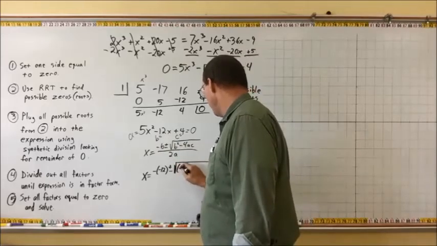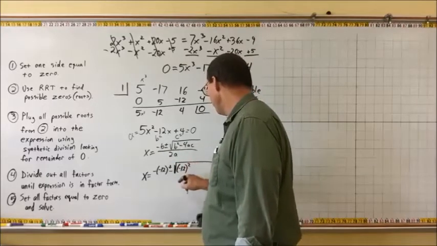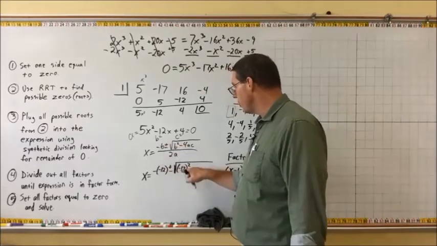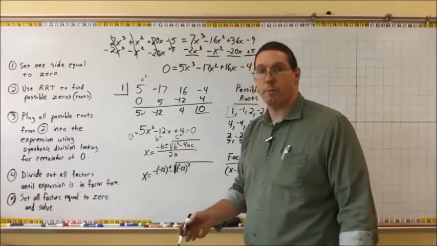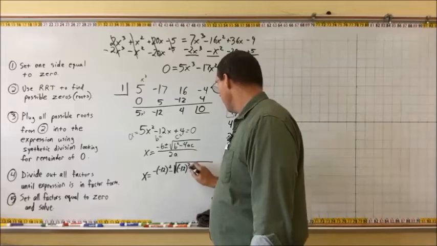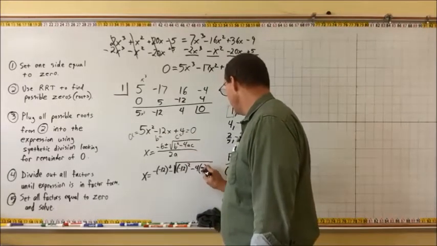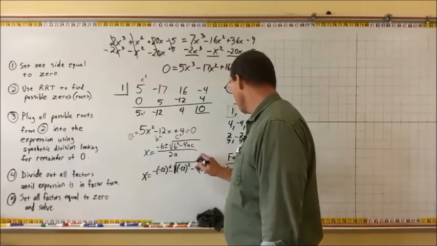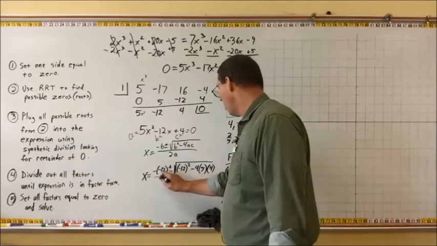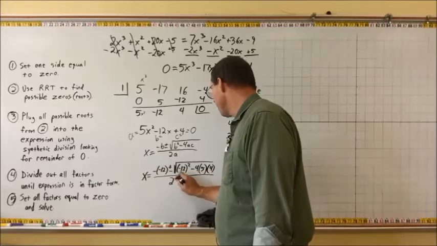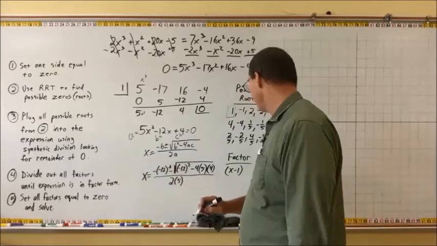Again, negative 12 is squared. Now notice, I'm always putting the numbers in here inside of parentheses so I don't make a mistake. Minus 4 times a is 5, times c is 4. All over 2 times a, which is 5.